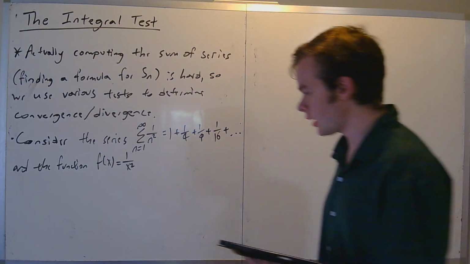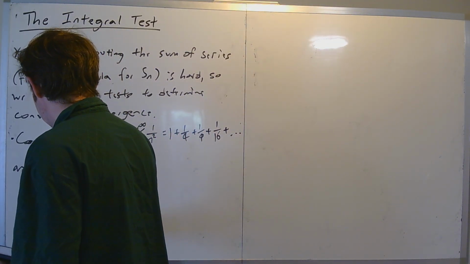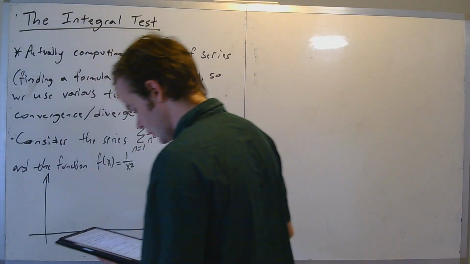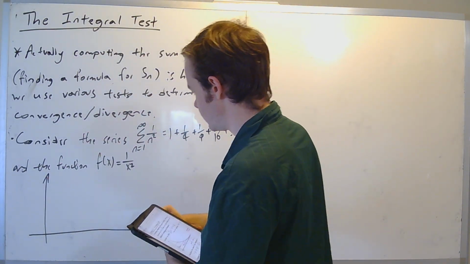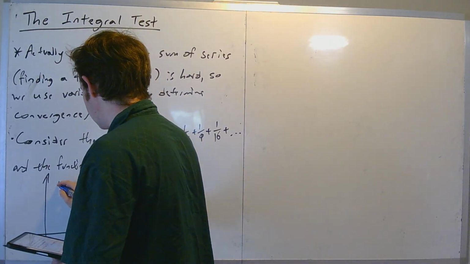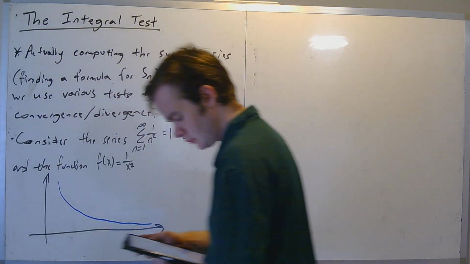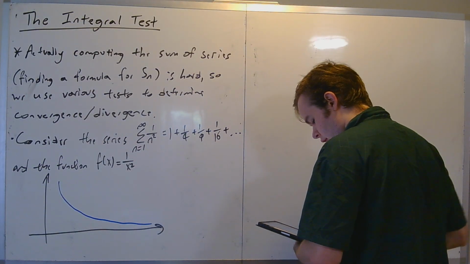So let's just graph this function here. If I draw a graph of this function, this is what it's going to look like. I'll draw the graph in blue. The graph is going to look something like this. And let's just draw some markers.